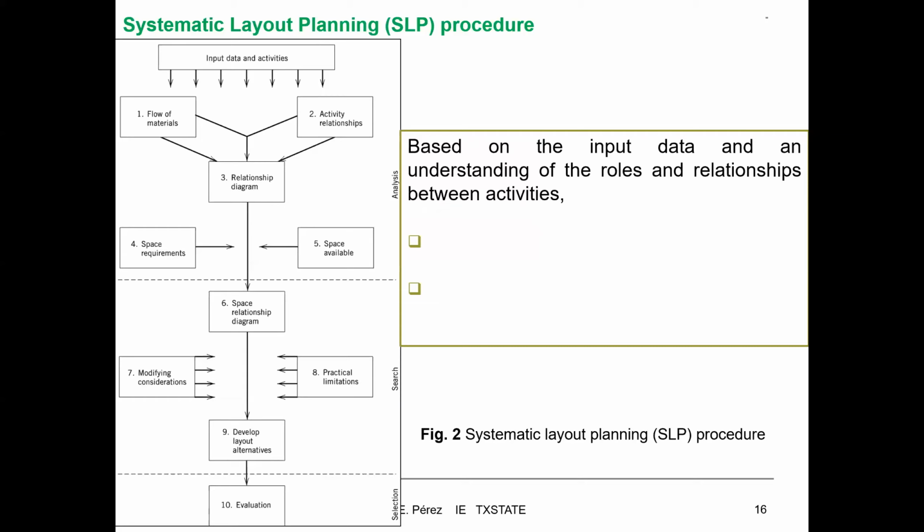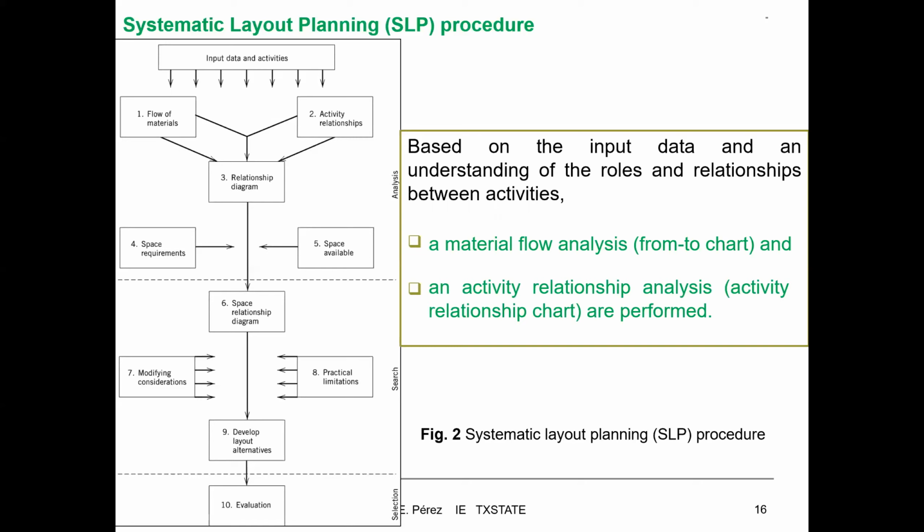So based on the input data and understanding of the roles and relationship between activities, a material flow analysis or a from-to chart, which we discussed in the previous lecture, so that's flow analysis using the from-to chart, and an activity relationship analysis using the activity relationship chart are performed.